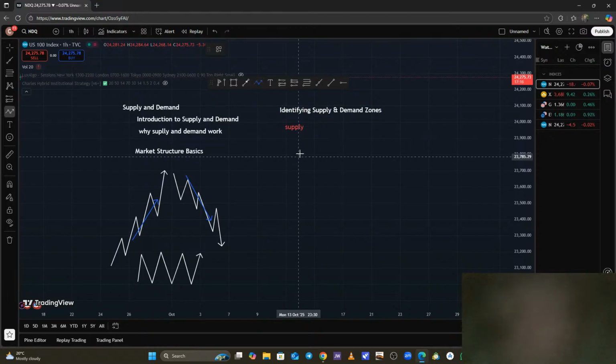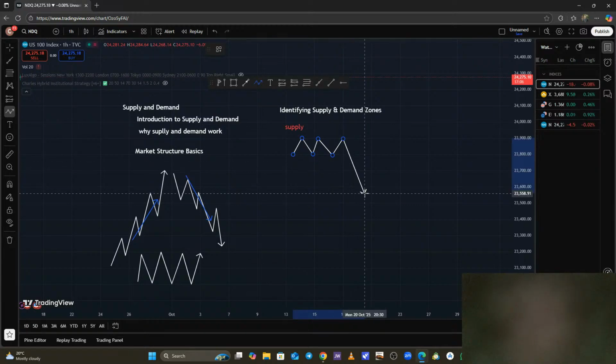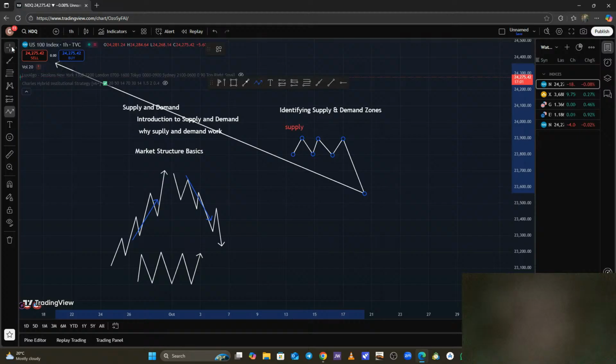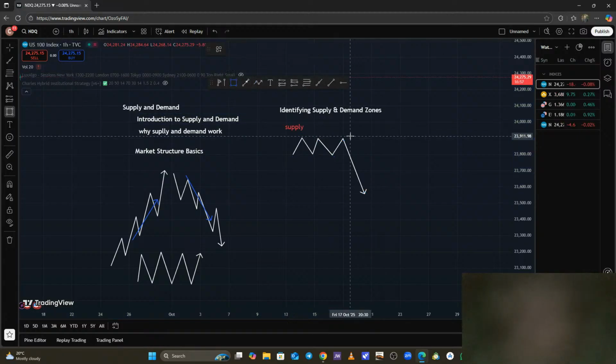For example, if a market was consolidating like this, the market was in a sideways trend, then the market just went down with a sharp move. So this is where your supply zone is, this one here. You need to mark your supply zone at this area here.